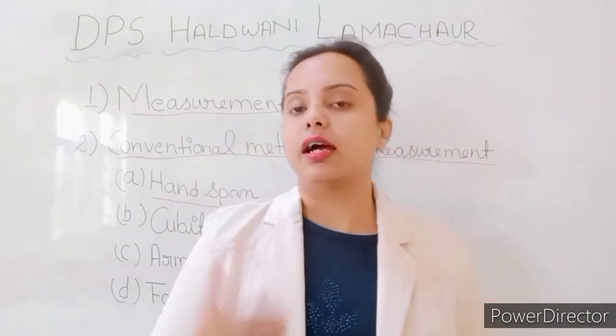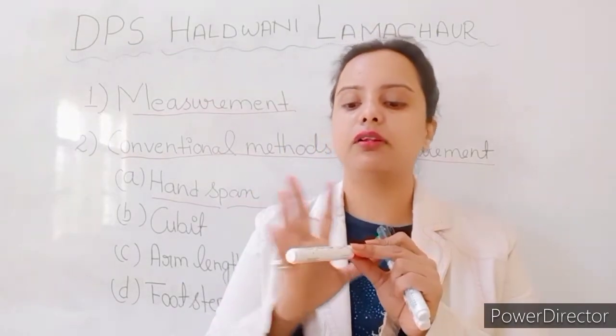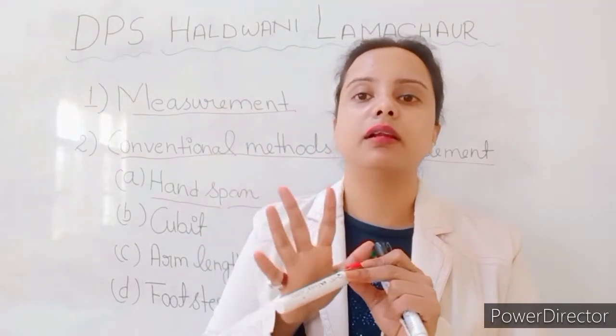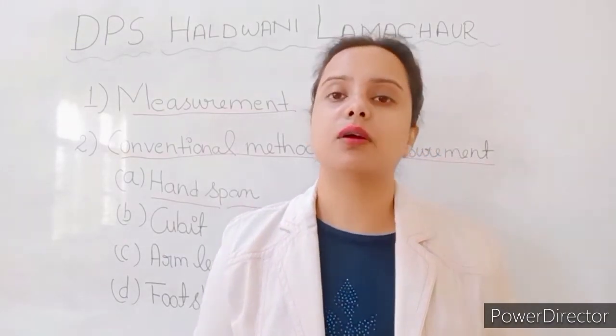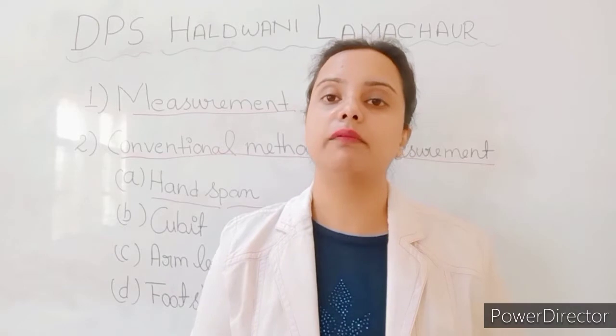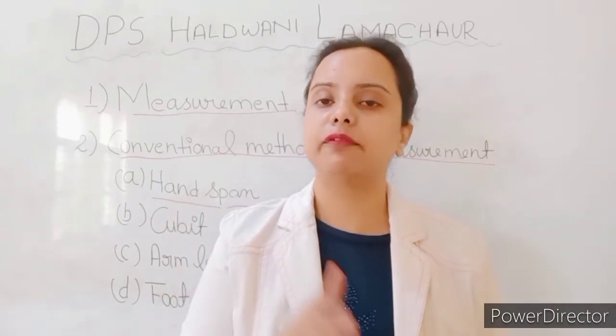But if another person or a small kid measures, the length of this marker will be more than one hand span. So this cannot be relied upon, because every person has different measurements.